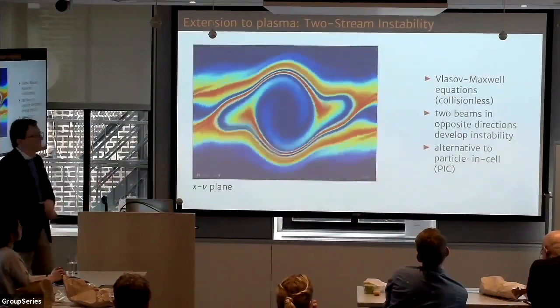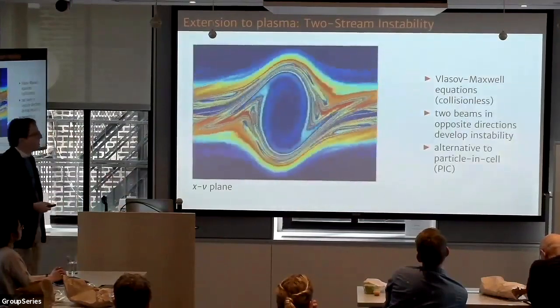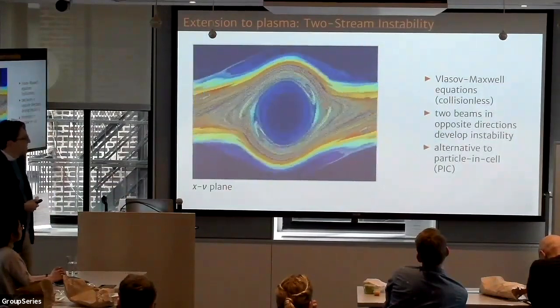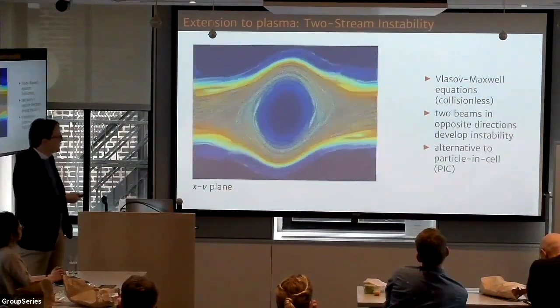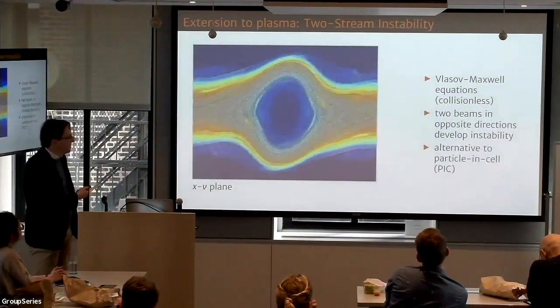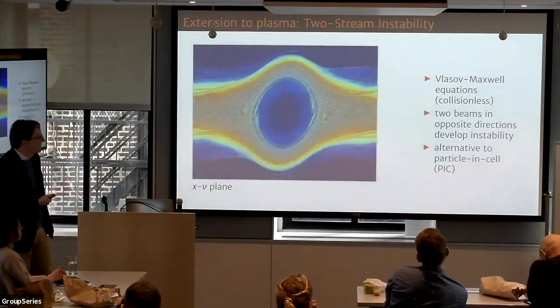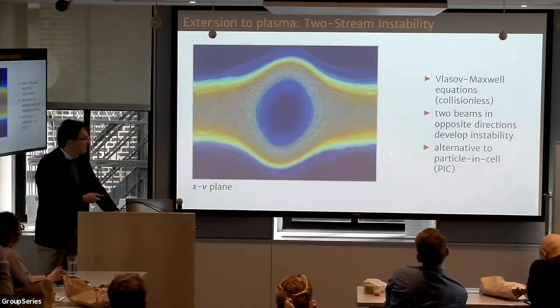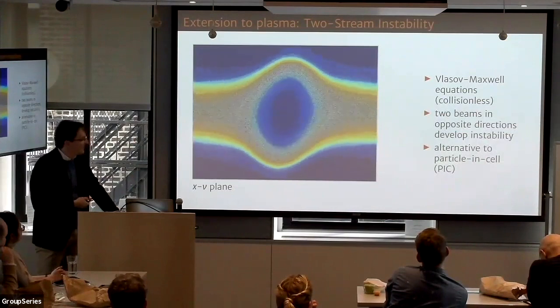You can also extend it to plasma physics. Here, solving the Vlasov-Maxwell equations, I just flipped the sign for the Poisson equation, and I'm illustrating the two-stream instability. This can give an alternative to particle-in-cell simulations.